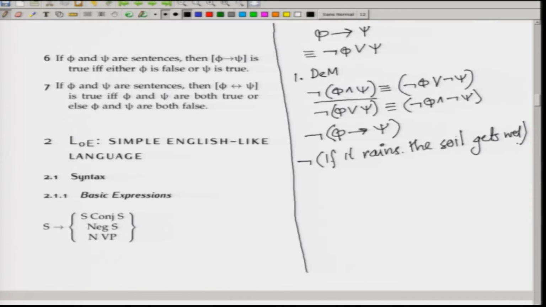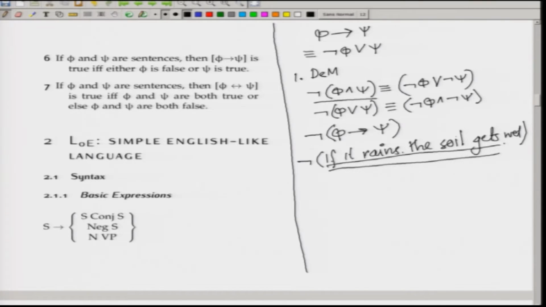You want to deny this. When can you deny this? Suppose it is not raining and the soil is not wet. You can't prove anything. You can't prove it right, and you can't prove it wrong. Suppose it is raining and the soil is wet, but still it is not evidence against this rule, that if it rains the soil gets wet.